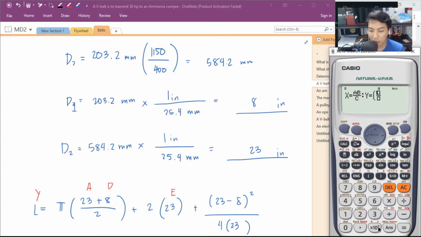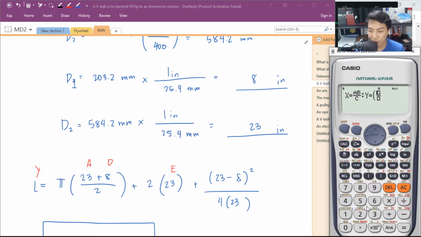Shift pi, tapos meron ka dyang alpha A, tapos alpha D, plus yan eh, over 2, plus 2 alpha E. Plus, taas, alpha A, tapos alpha D, minus alpha D. And then, divide mo ng 4 alpha E.